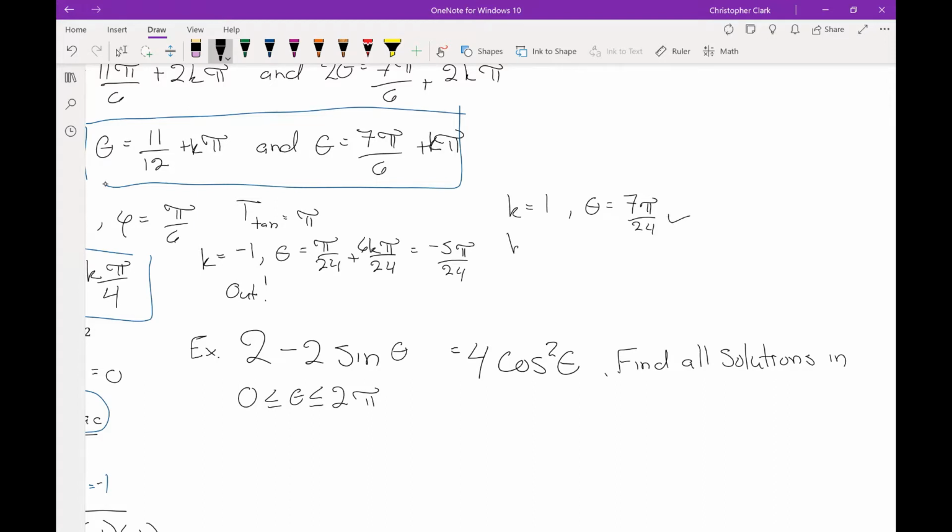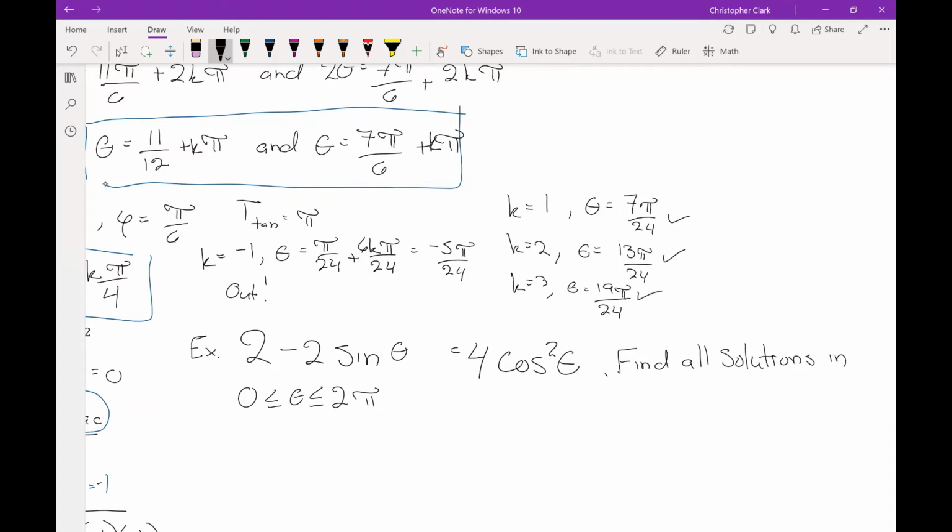That's good. K equals 2, you get pi over 24 plus 12 pi over 24, which is 13 pi over 24. That's good. K equals 3, you get pi over 24 plus 18 pi over 24, which is 19 pi over 24.